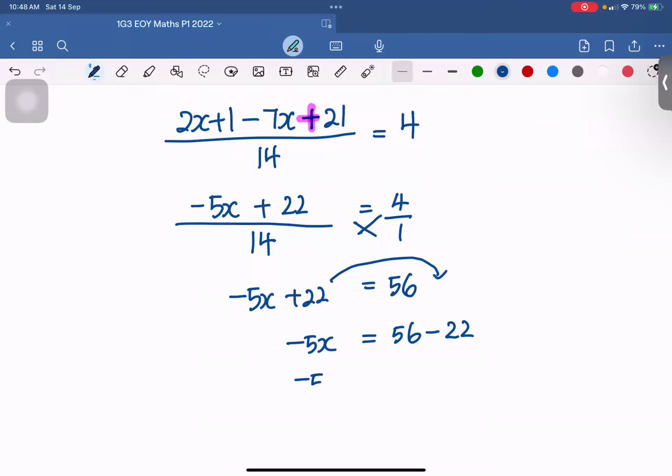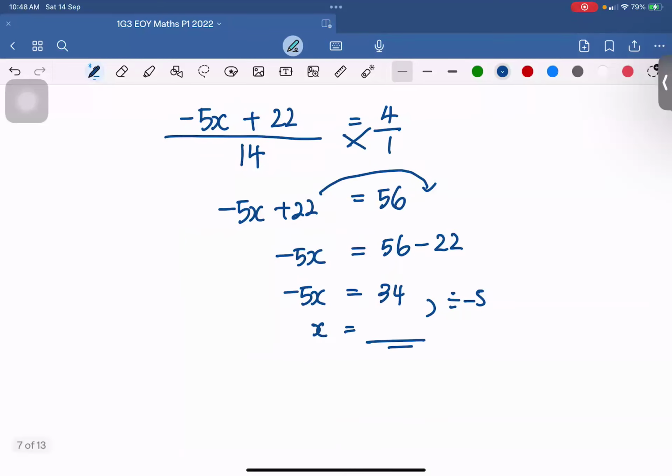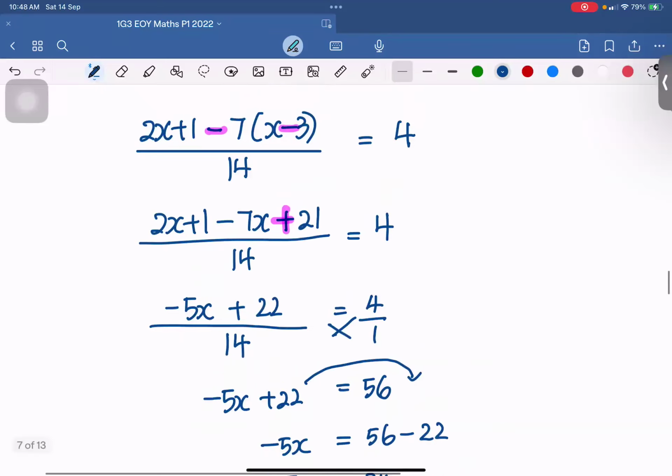So we get our answer 34. Divide by -5. You get your answer. Okay, can? Negative 34/5. Alright, let me just highlight only this portion, make sure.